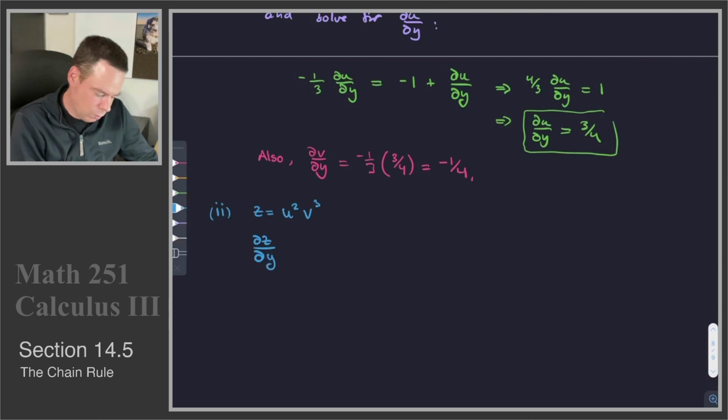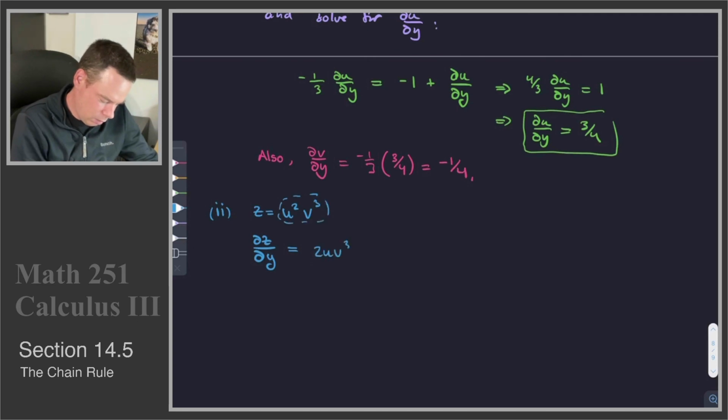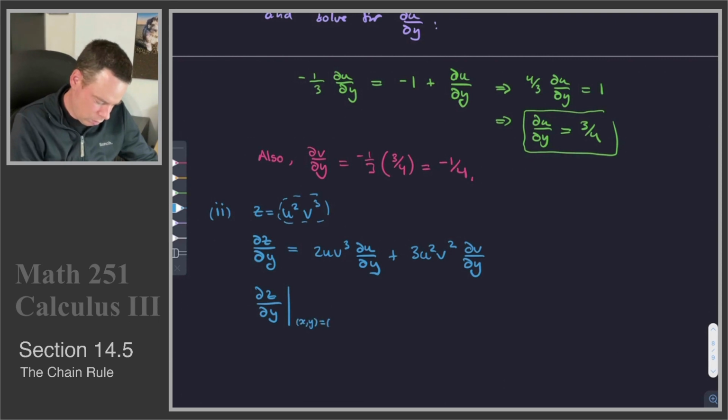So the derivative with respect to y is the derivative of this with respect to u, which is 2uv cubed du/dy, plus the derivative of z with respect to v, which is 3u squared v squared, times dv/dy. And we're interested in precisely the point when (x, y) equals (2, 0), or (u, v) equals (1, 1). So that's the point in question.